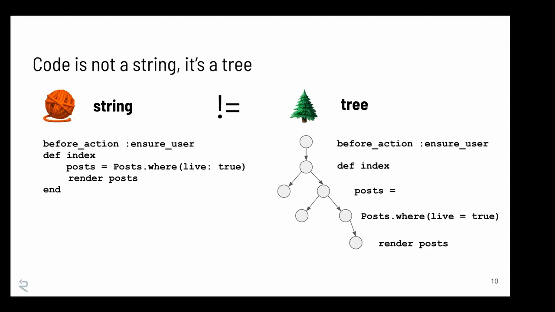And talking about how grep is not source code aware, what I mean is when grep looks at code, it just sees the code as a string, but code isn't really a string when it's either compiled or interpreted by, say, the Ruby interpreter, for example. It actually processes it as a tree. Right, so it's not just, oh, this is this text.